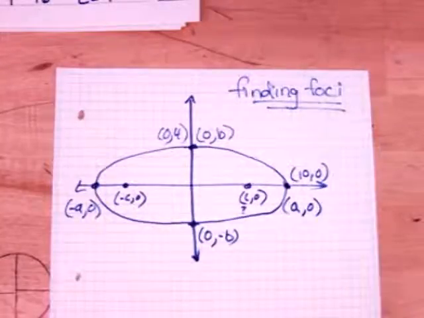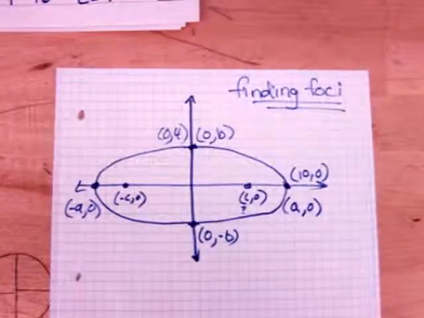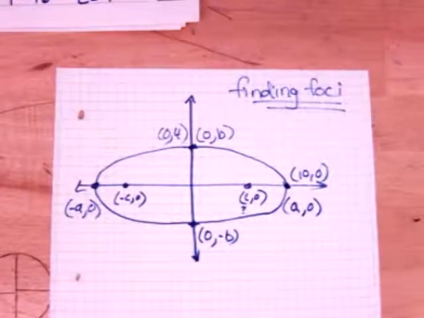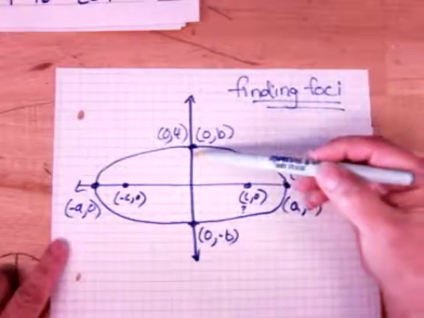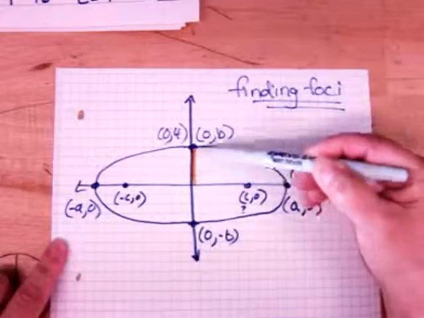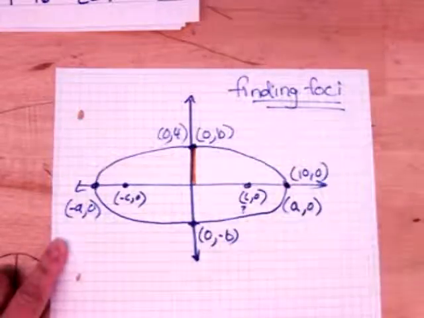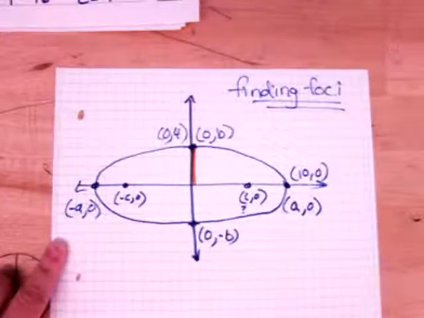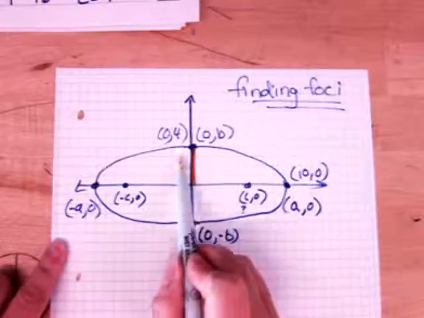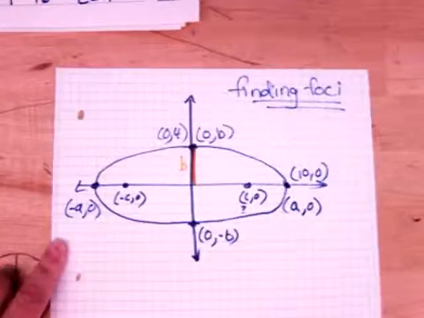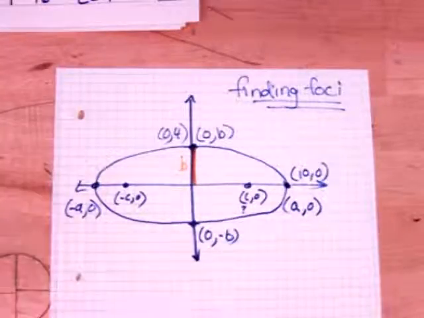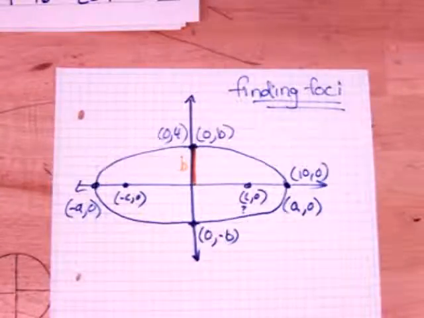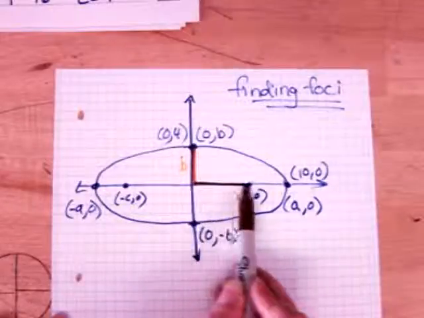So I'm going to tell you how we do this. So I have b. What's the length of this segment? 4. Let's use the variables though. It is b. What is the length of this segment?